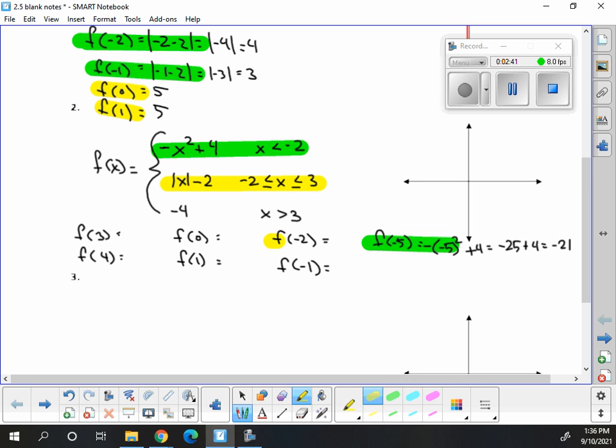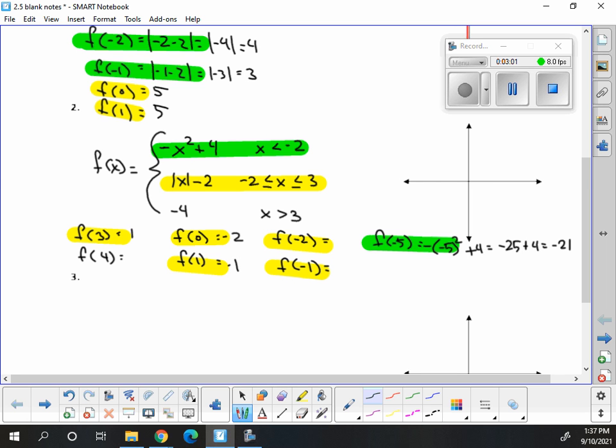And then how many fit in this piece? Most of them? Okay, so -2, 0, 1, -1, 3. So we only had 1 on each side. Okay, so let's go ahead and find these. This is just take their absolute value and -2.